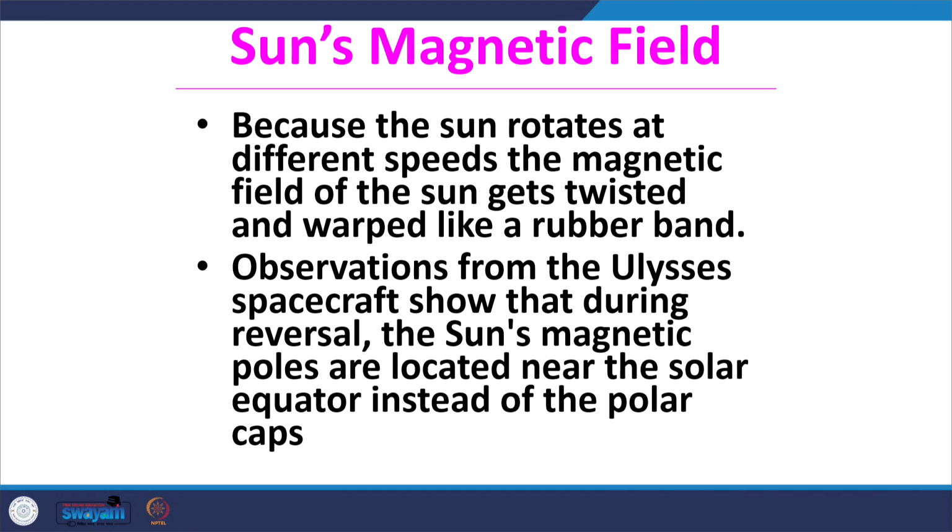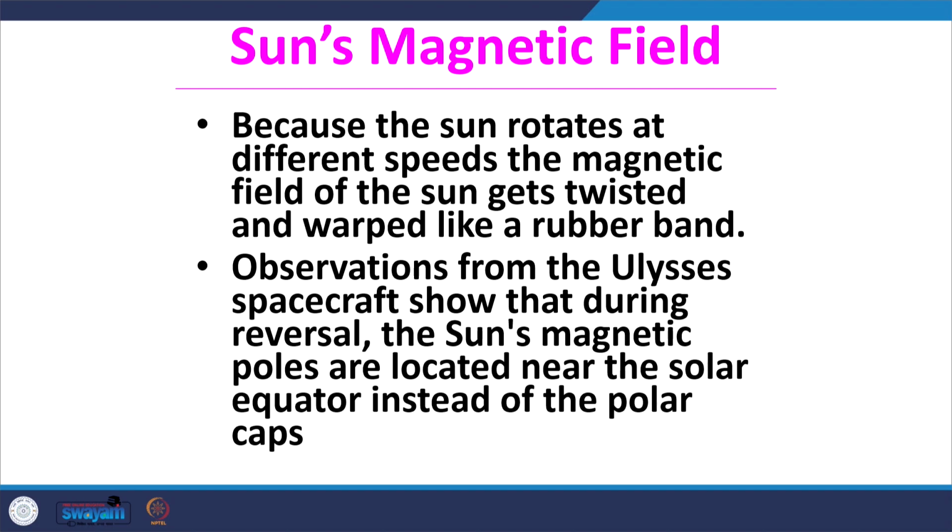Because the sun rotates at different speeds, the magnetic field of the sun gets twisted, right? That is pretty much known, and the sun's magnetic field gets twisted and wrapped like a rubber band. We have seen that. Observations from the Ulysses spacecraft show that during the reversal, the sun's magnetic field poles are located near the solar equator instead of the geographic poles.